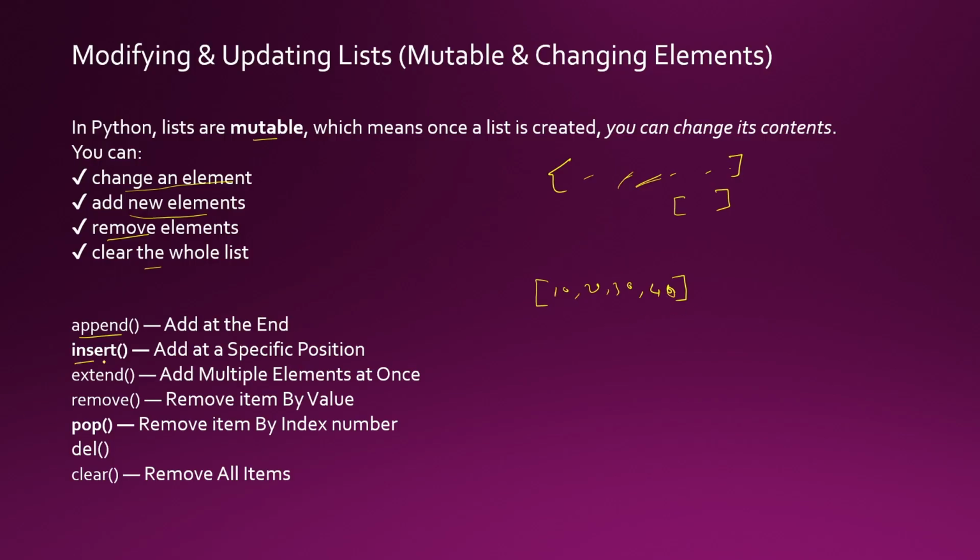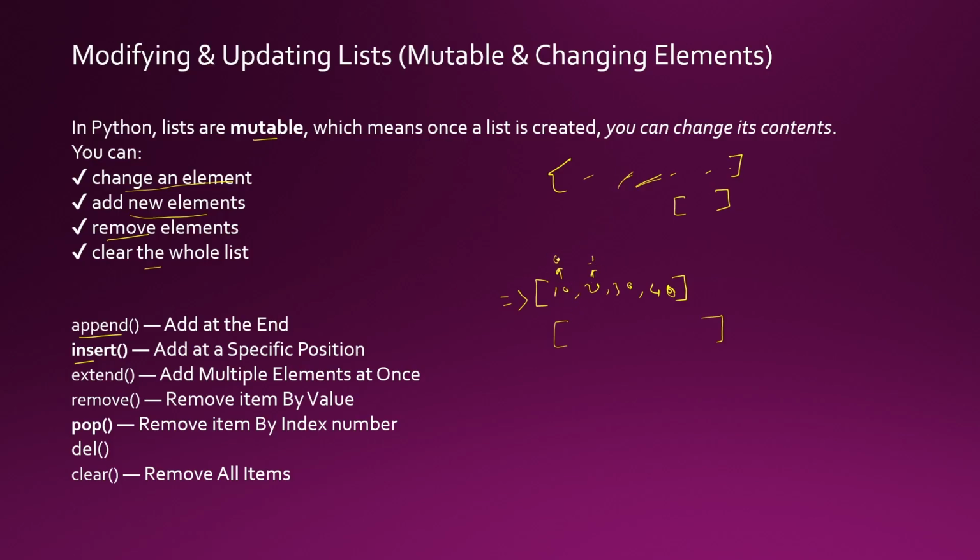Next is insert. Add at a specific position. This is the existing list. Now if we want to add a value at a specific position, suppose 20 is the first position, this is the second position.